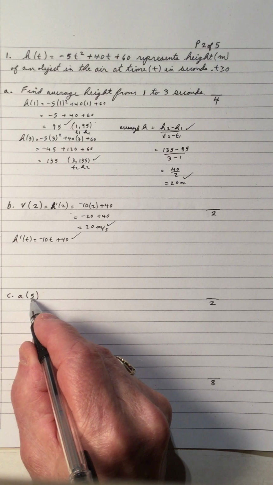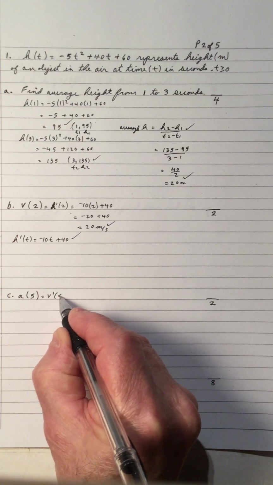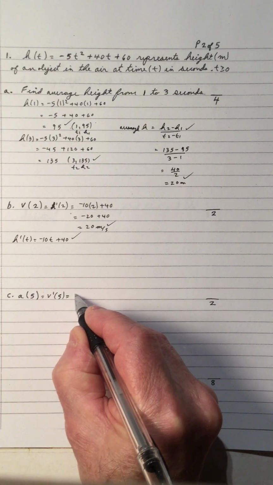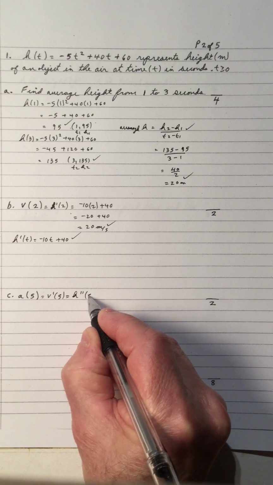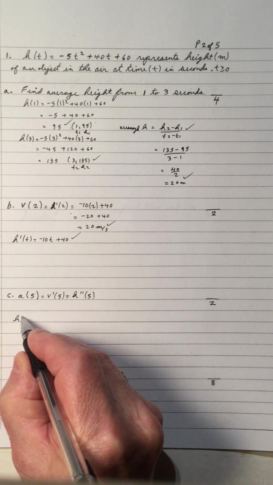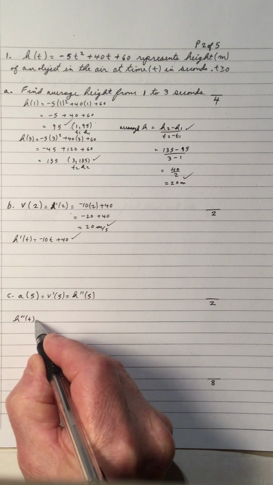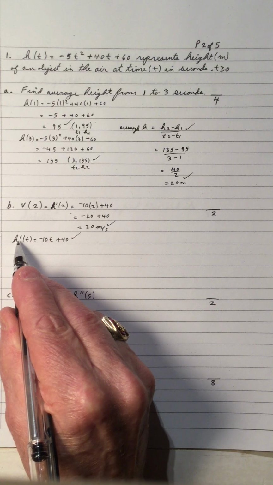And C, acceleration. Acceleration is the derivative of the velocity, which is the double derivative of the position. So again, the double derivative, h double prime of t, is the derivative of h prime.